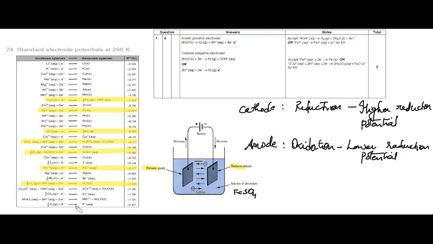So these are a few reactions that can happen in this particular system. Now, in order to decide which will undergo oxidation and which will undergo reduction: the one with higher reduction potential will be undergoing reduction at the cathode, and the one with lower reduction potential will be undergoing oxidation at the anode.